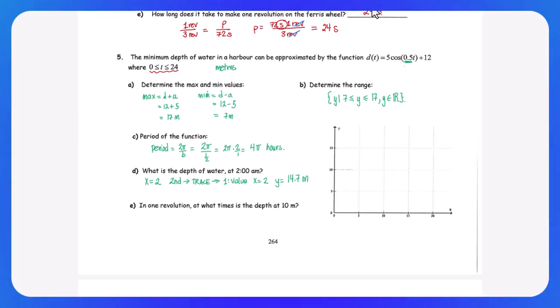So we know that the minimum value that it waves between is at 7. So we're going to kind of estimate that. I want everyone to get used to drawing these things and make sure it goes all the way to 24. So that is 7 right there.